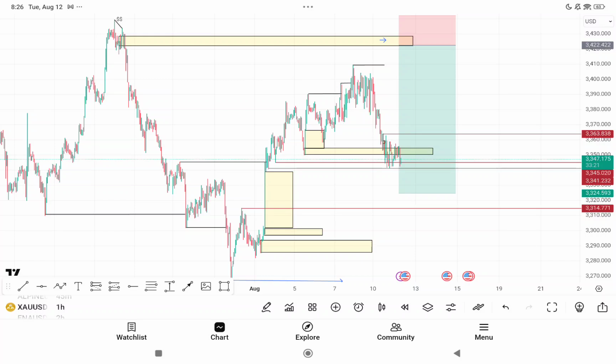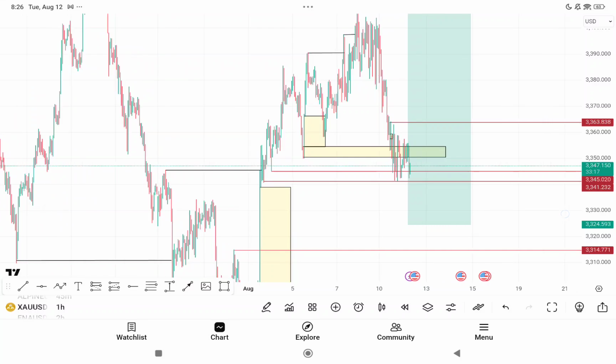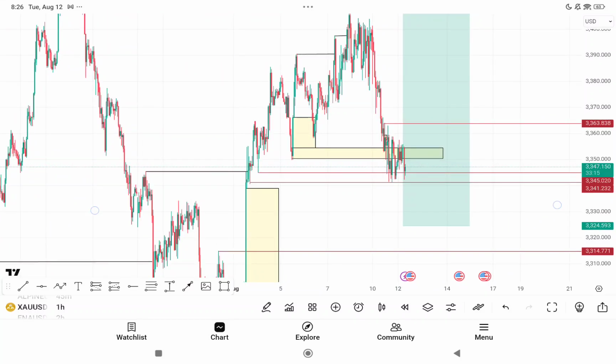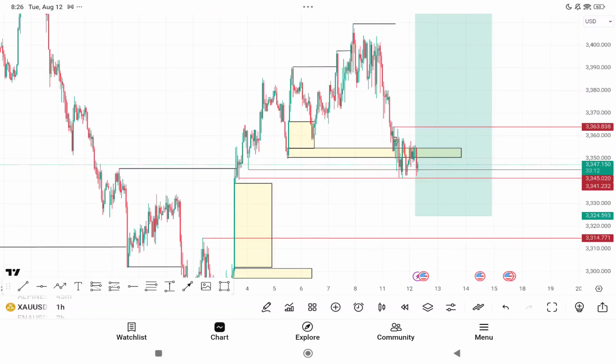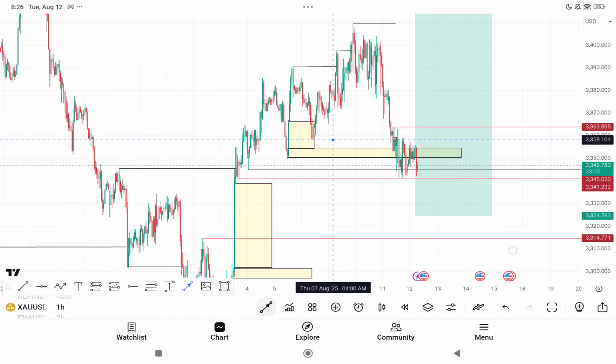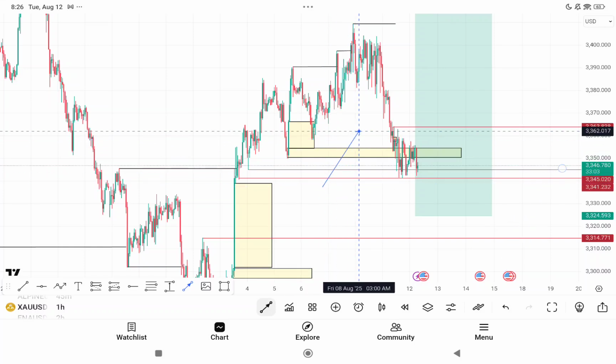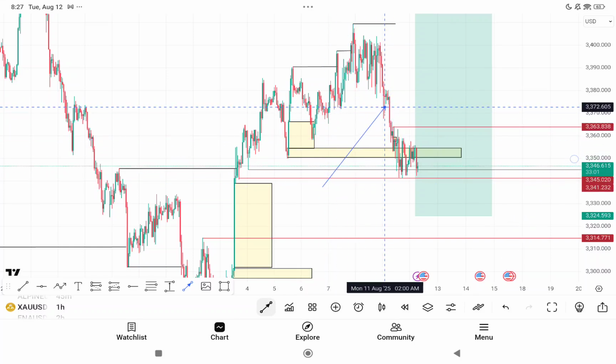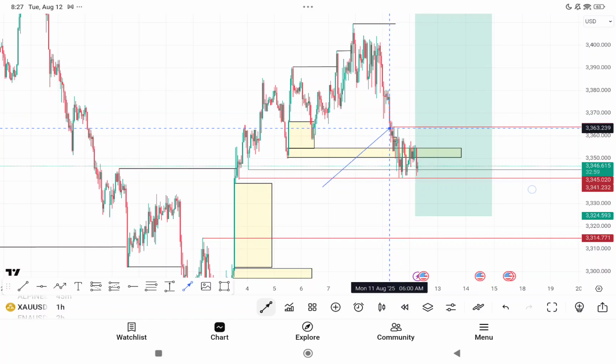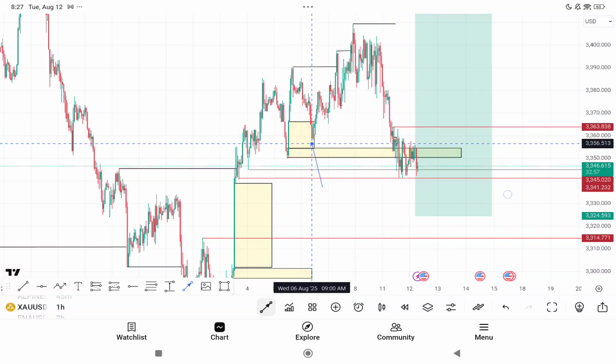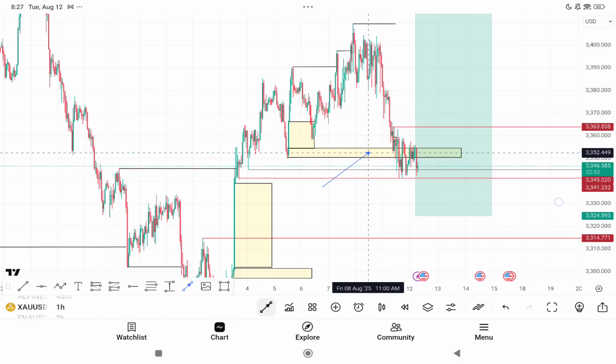So in our last episode, we looked at gold and we pinpointed various zones and points we felt the market was going to get to. At first, the market was around this region here. I'll be using this arrow to give us clear stuff. We said the market was going to come down to fill an imbalance around here and tap on this zone here.